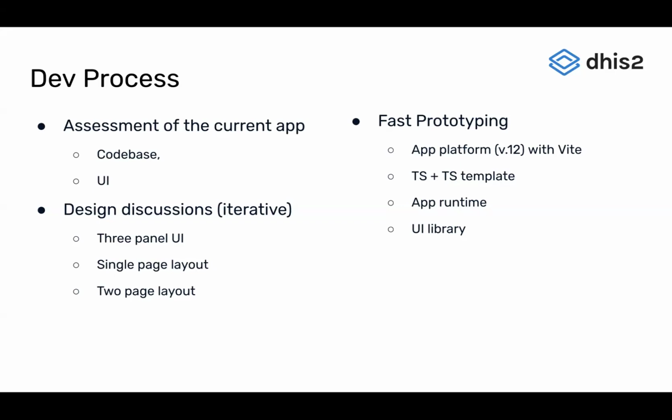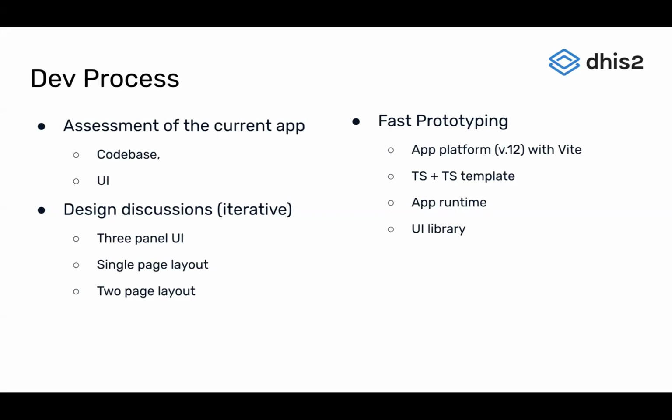It already has the components built out, so it was a matter of plugging in what is needed for the different layouts to be able to compare them effectively. And the good thing about this is that most of our applications make use of the DHIS2 UI library. So what you are getting is a consistent user experience across the entire suite of apps we offer as DHIS2.